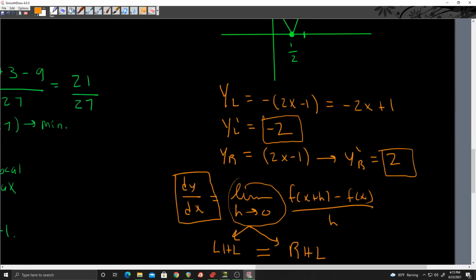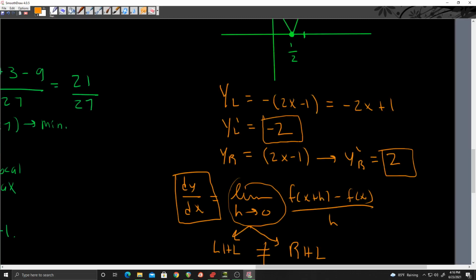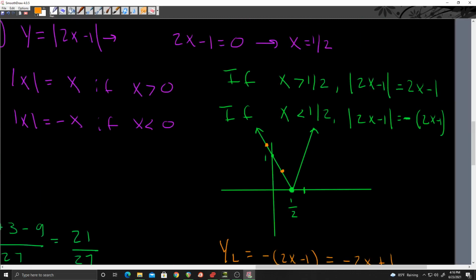So this is the reason why the derivative at 1/2 does not exist, because the left-hand derivative is not the same as the right-hand derivative. This is going to be the case for any corner in the world.